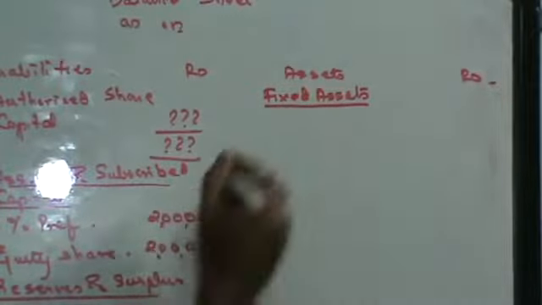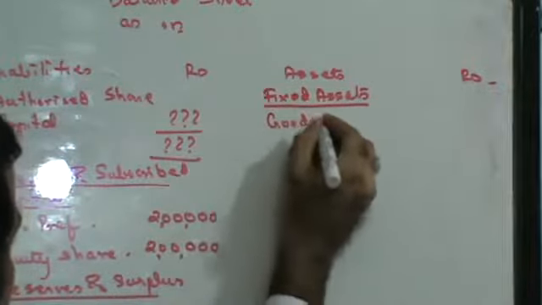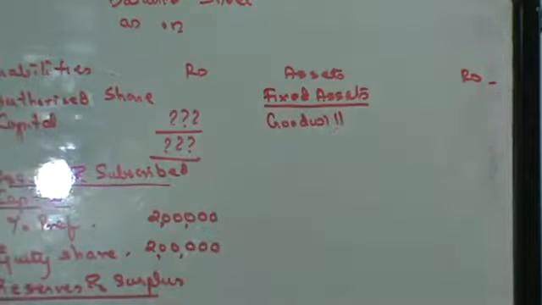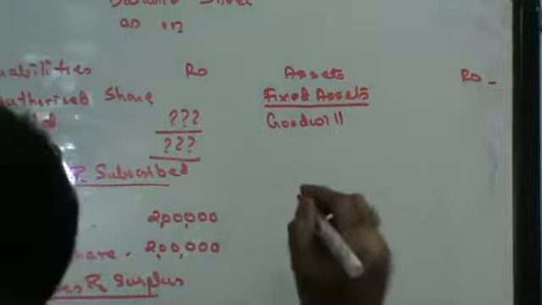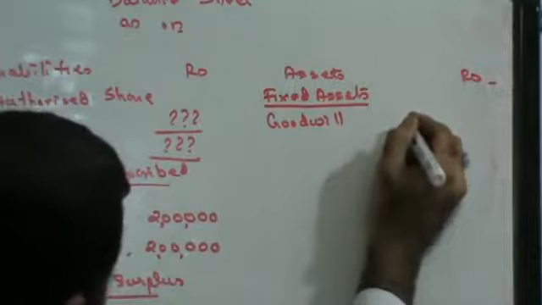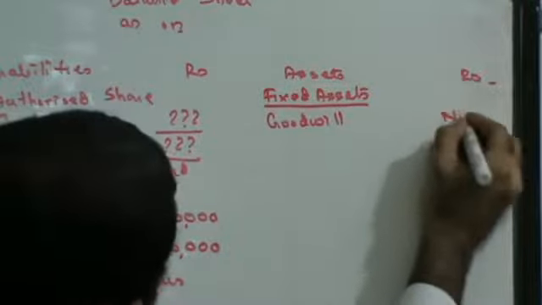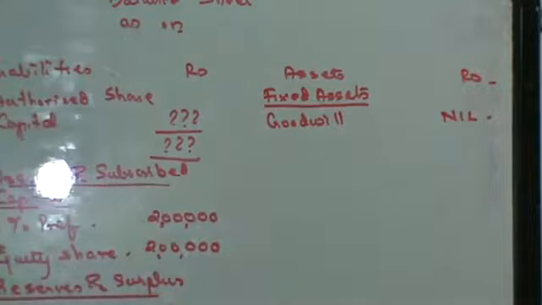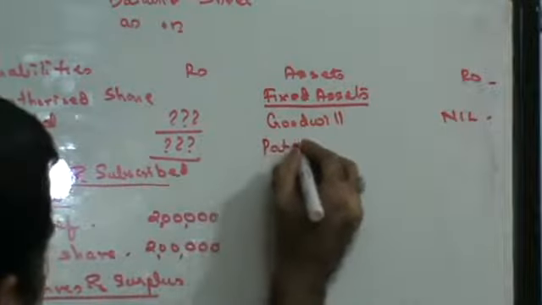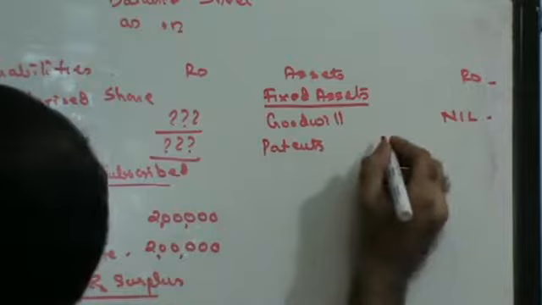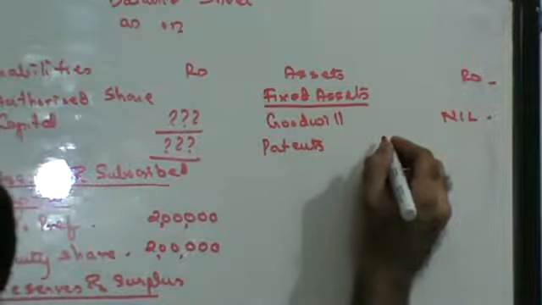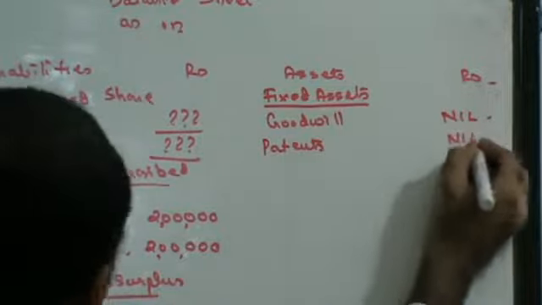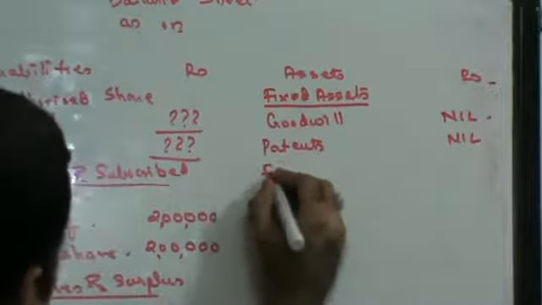Then you have fixed assets. Amongst fixed assets, you have goodwill. Goodwill is 25,000, and it's on the credit side. Now for assets, the rule is add debit, subtract credit. So this will become nil. Then patents. Again, it's 15,000, and it's 15,000 on the credit side. So nil. Then you have furniture.